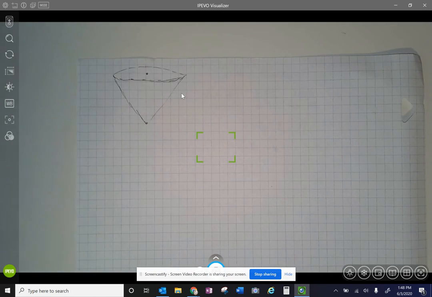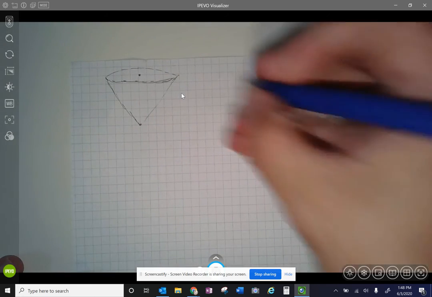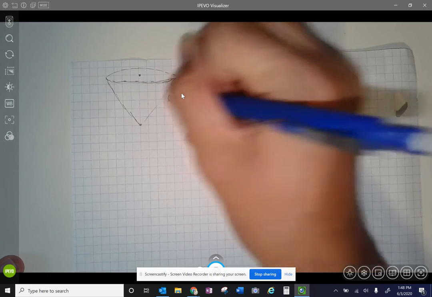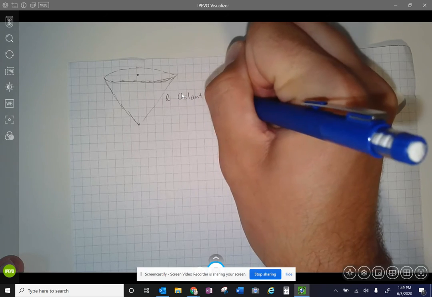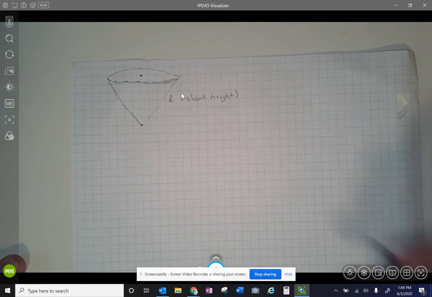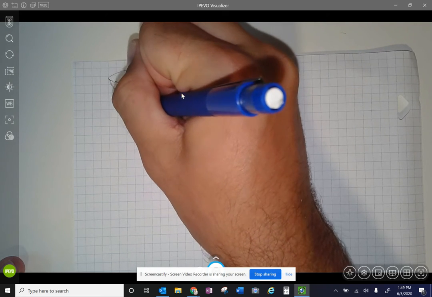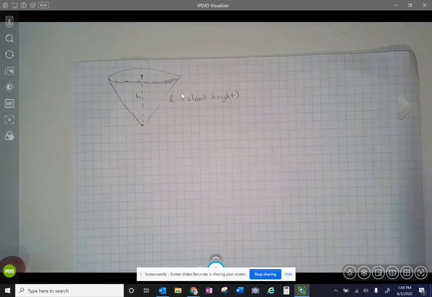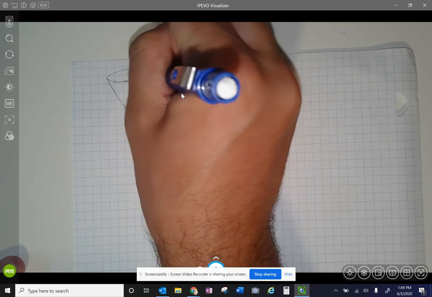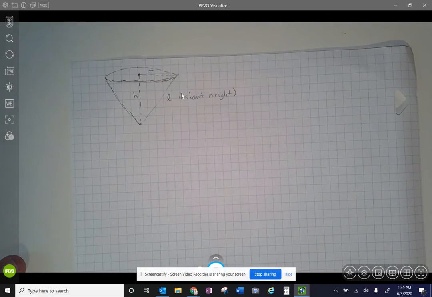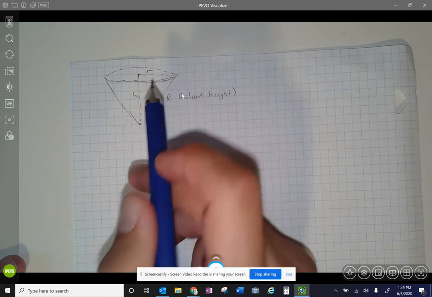So I've kind of drawn my figure. And what I'm going to do is label my slant height as L. And I'm going to call the height straight down H. And then we'll call this distance from the middle to the outside R, because that's the radius of that top circle, not to be confused with the radius of the original waffle.